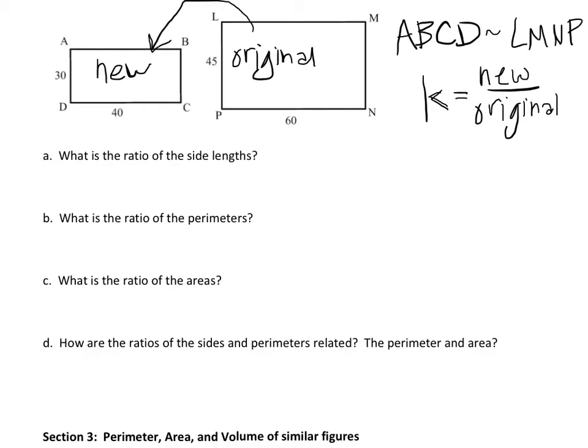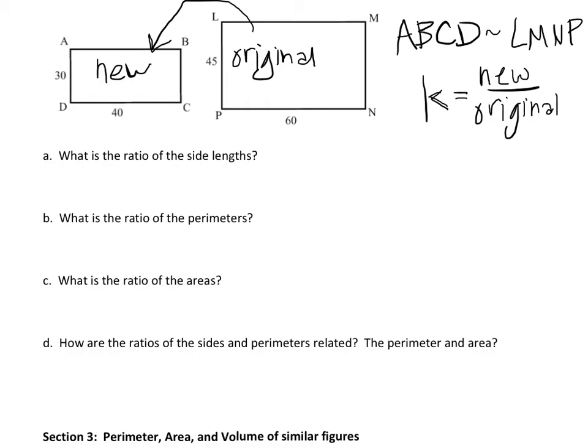So that would mean I'd put the new side lengths over the original side lengths, and it'd have to be a fraction because I'm shrinking it down. So I put the smaller number over the bigger number. And if I was doing it the other way around, I would have a bigger number over a smaller number, so I would have a number greater than 1, or I'd be blowing it up to be bigger. But here I'm going to think about shrinking it down.